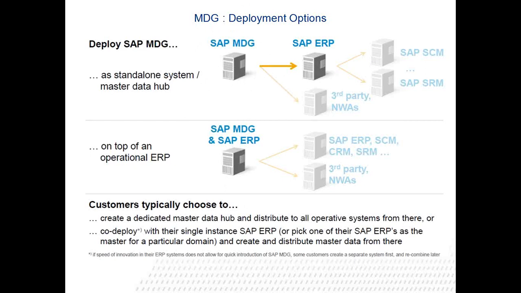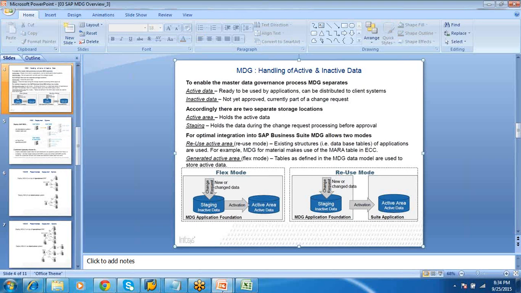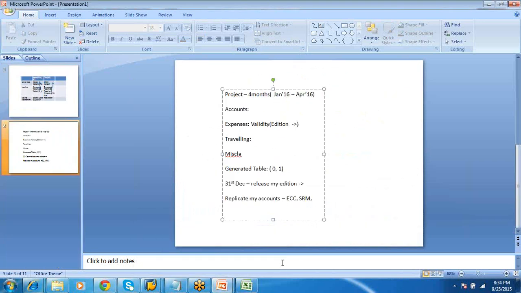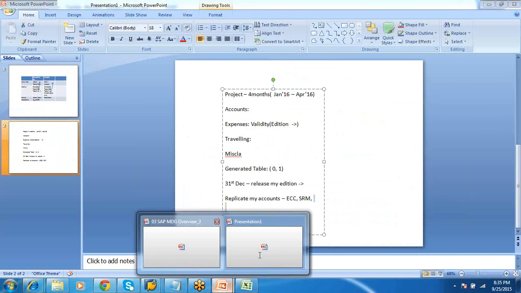For example, if I am installing MDG 8.0, I need a minimum enhancement pack EHP7 in ECC. Upgrading enhancement packs in ECC is also a big challenge.